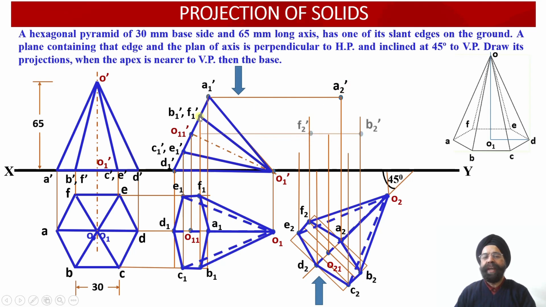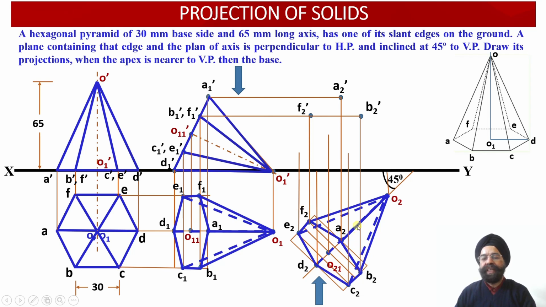Similarly, the next points which are available with us are B1 dash and F1 dash. So from B1 dash and F1 dash, again we have drawn a horizontal projector line. Wherever this horizontal projector line will be intersected by vertical projectors drawn through B2 and F2 over here. Please check, this is point B2, this is point F2.